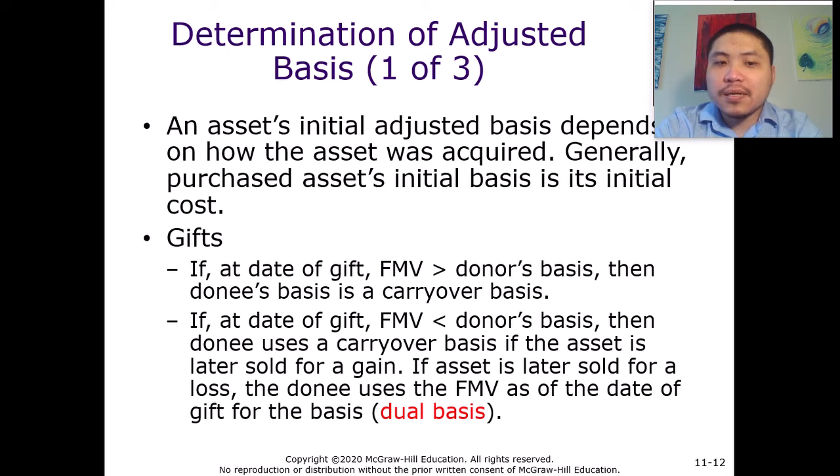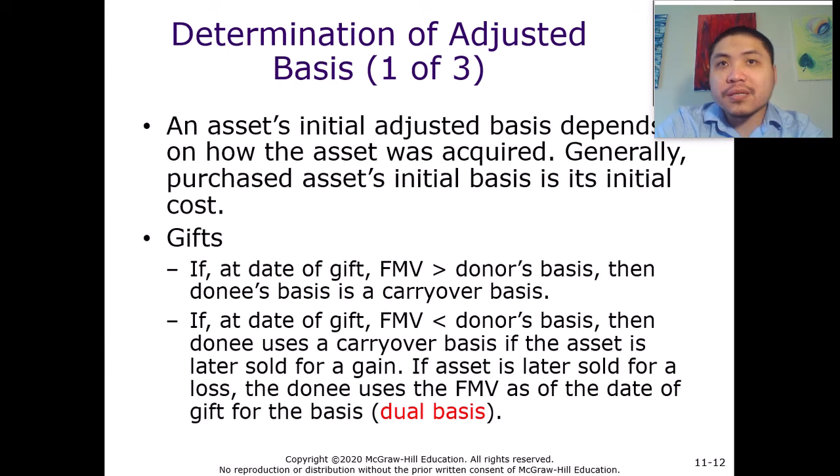Then the receiver, the taxpayer who is receiving the property, is going to treat the $5,000 basis of the donor as his own basis. And why is that? It's pretty simple.